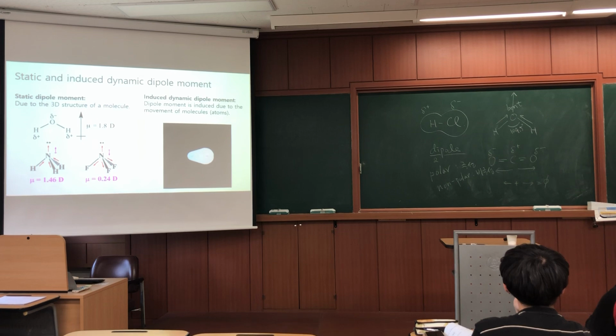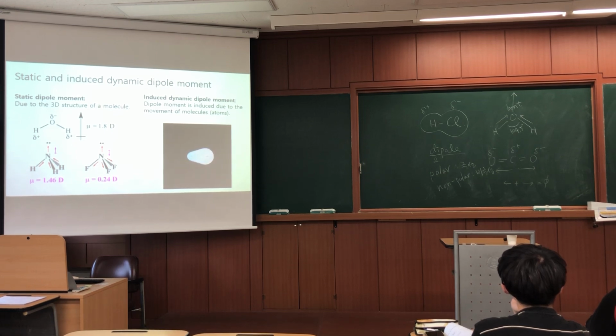But sometimes, temporarily, this part can be negatively charged and this can be positively charged. Then the partial charge of the neighboring molecule is induced by this one. So this one is induced, right?